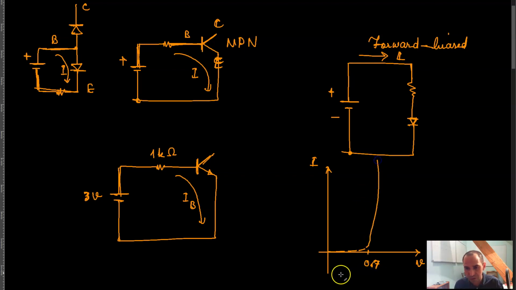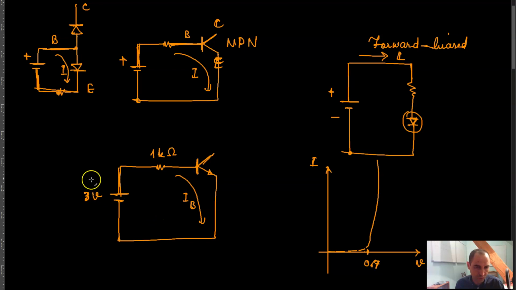There is a 0.7 volt voltage drop across this diode before the current can start rising in the circuit. And so that 0.7 volt is going to be dropped over here.